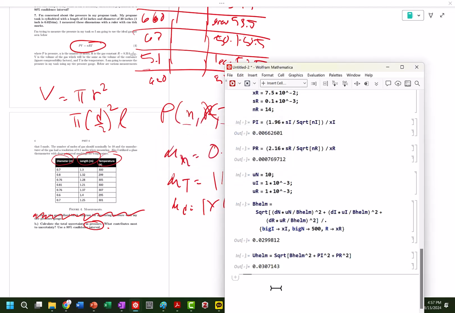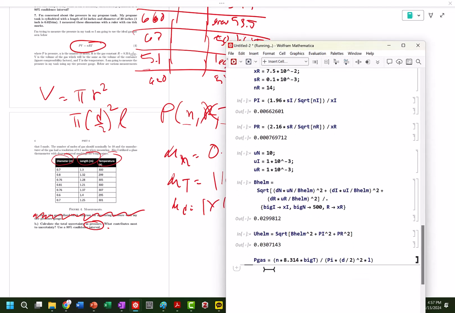So I'm going to say P gas is equal to N times R, instead of R I'm just going to put 8.314, times T, I'm just going to call big T, divided by pi times diameter divided by 2, squared, times L.